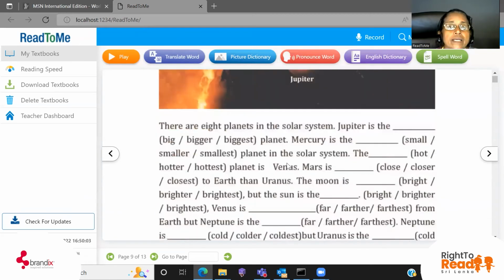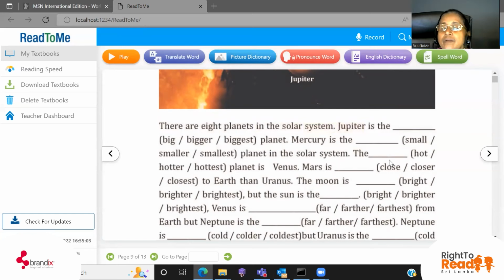Here in this passage also, I won't give you the exact word, but I will help you to find the suitable word for the blank. Now let's see. Take your pens or pencils and the textbook. There are 8 planets in the solar system.